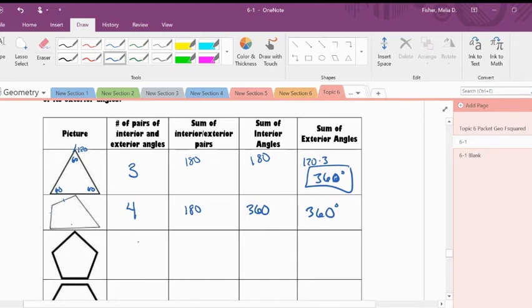If it's five-sided, it's going to have 5 interior and exterior pairs. The sum of the interior and exterior pairs has to still be 180. When I look at the interior plus the exterior, that has to be 180. And the sum of the interior angles for a five-sided, we already determined on our other chart, was 540.